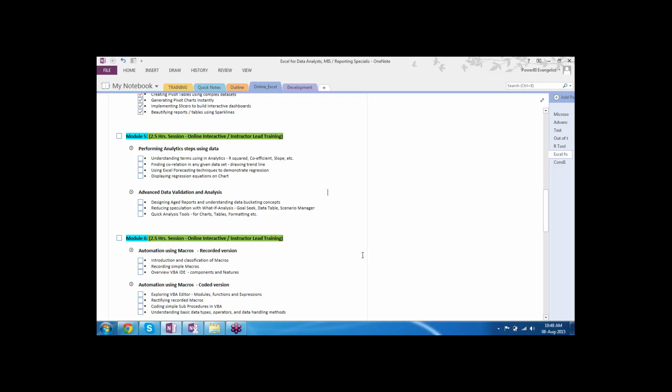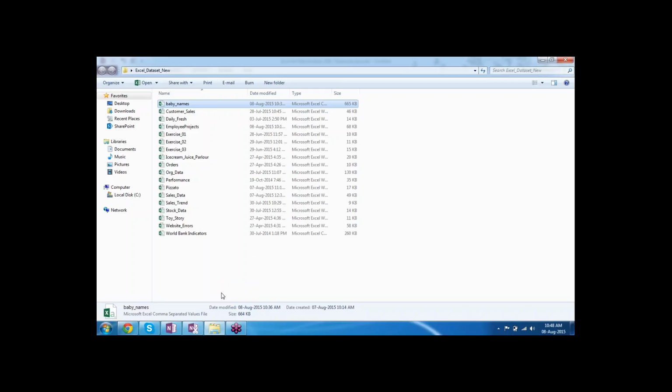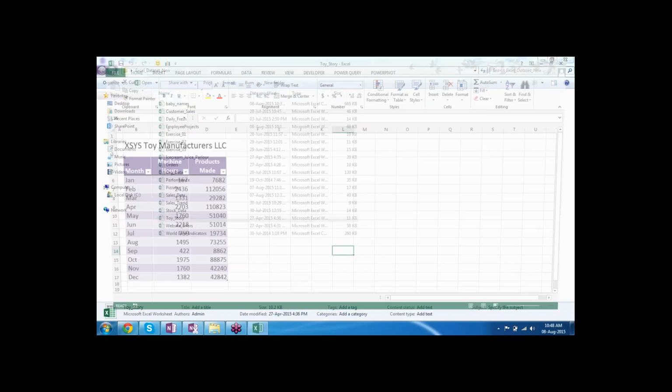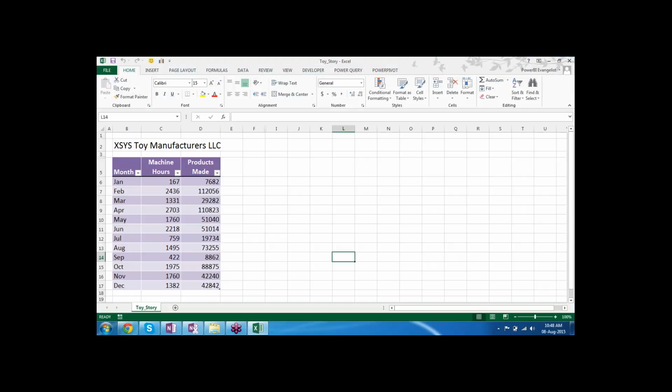So we'll take a small example to understand this analytics concept. From your table, the first thing that we are going to take is this particular sample of data called Toy Story. If you open Toy Story, it looks like a very simple database.